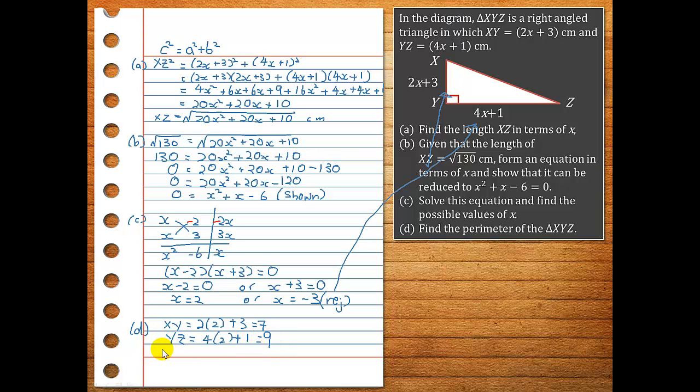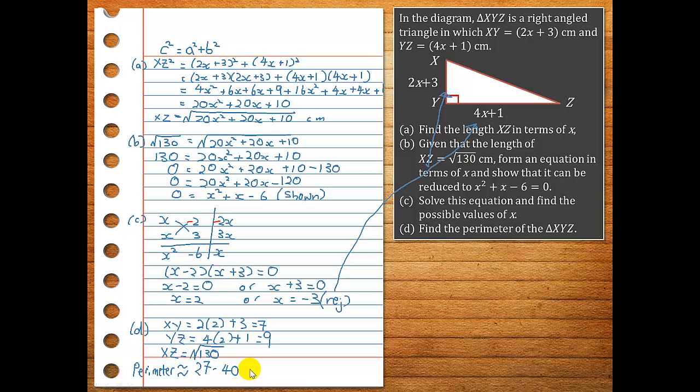And finally, we still have our XZ, which is equal to the square root of 130 given by part B. Adding all this up, what do we have? We will have approximately 27.40. And this is our perimeter.